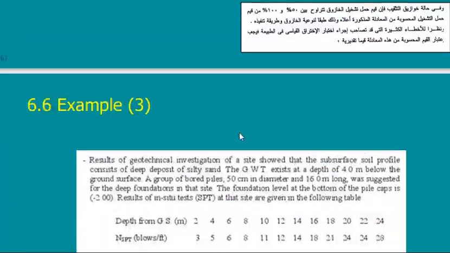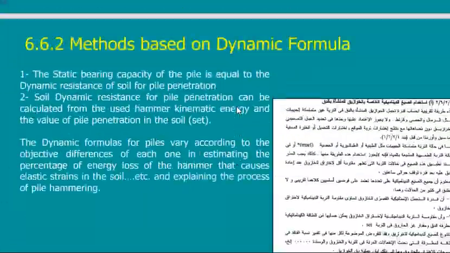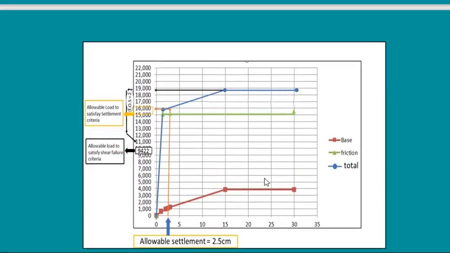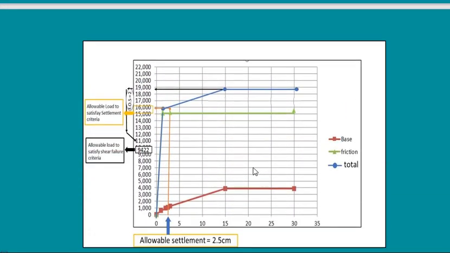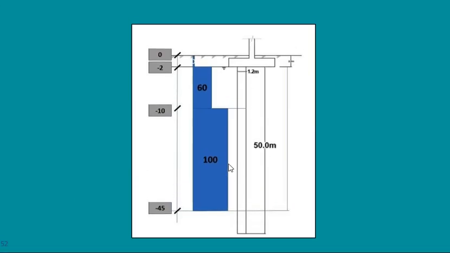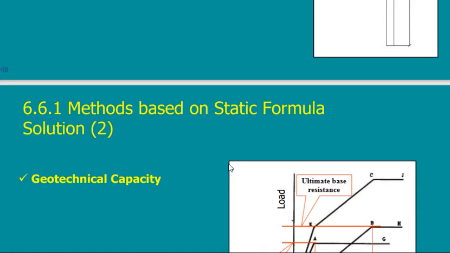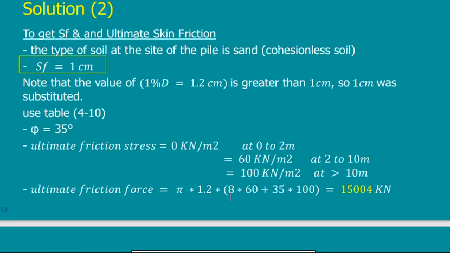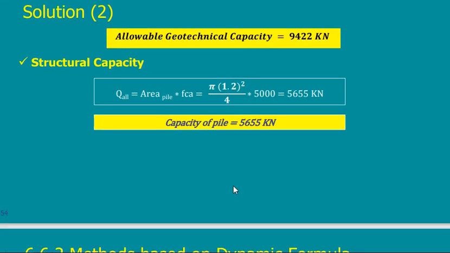If I tell you use this method, you will ignore the part for the end bearing. Whatever the method you are using, it applies. So that's why we are not concentrating on which method you are using.